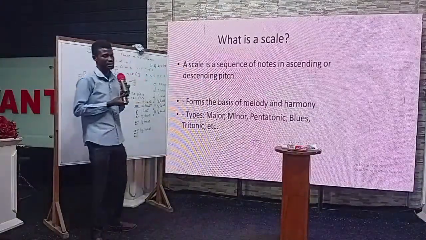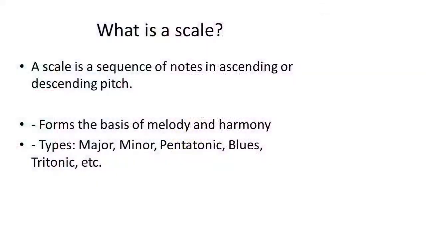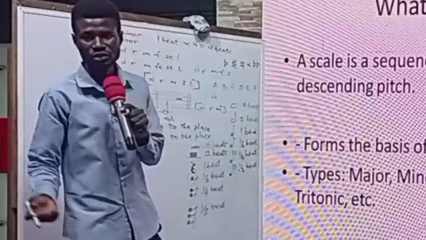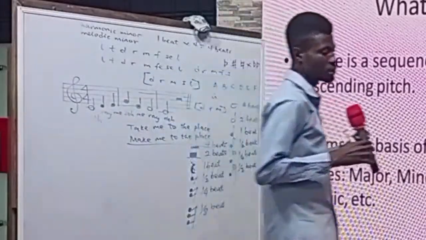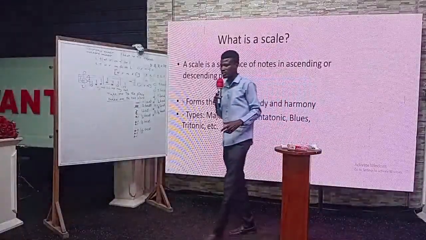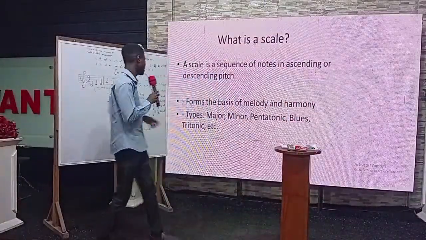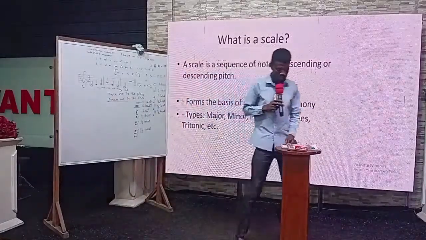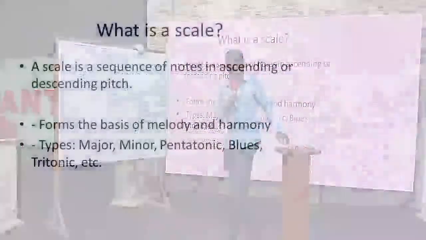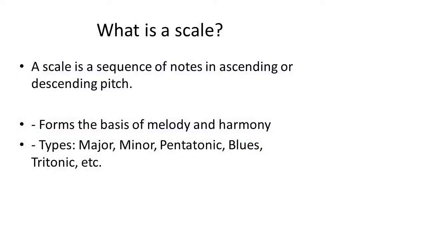We can have a song that is based on a 3-note scale. That is a tritonic scale, like do, re, mi, for instance. Yeah, we have some songs like that. We have some, most especially traditional African rhythms, that are tritonic. We have a lot of them. And then we have the blues scales and so on and so forth. Okay, that is scale.